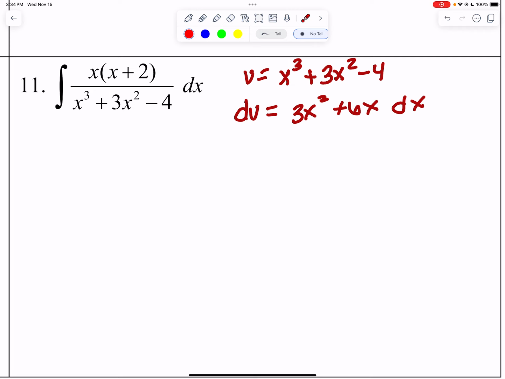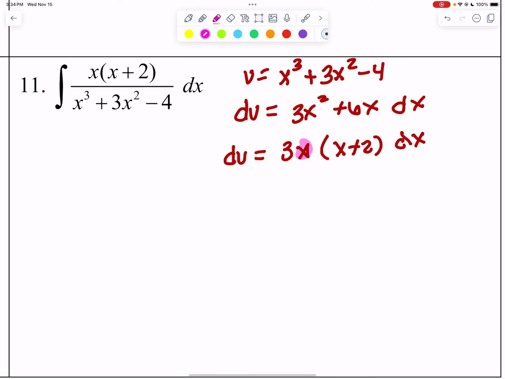And I'm going to make this a little bit prettier because right now, I want to relate that so that it looks like x and x plus 2 so that it cancels out. So here, I'm going to get 3x and then x plus 2 dx, which is good for me because I have an x and I have an x plus 2 and I have an x and an x plus 2. And remember that these will cancel out whenever I take the reciprocal of this, and it's going to be in my denominator.